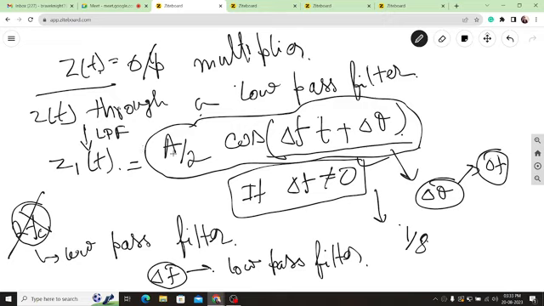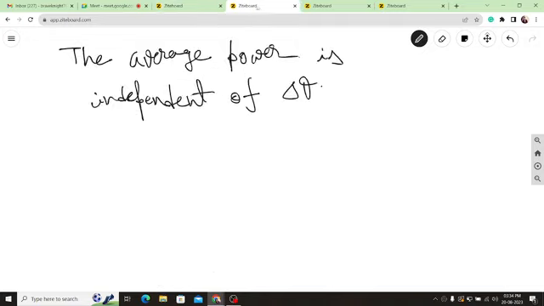Oh, I forgot to mention what A is here. A is half. So this is the conclusion.